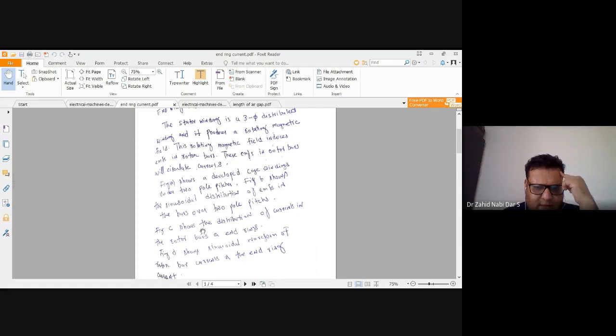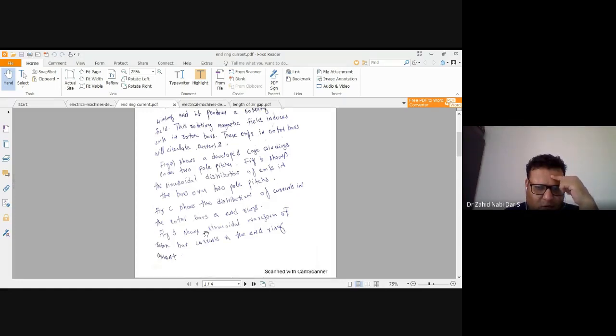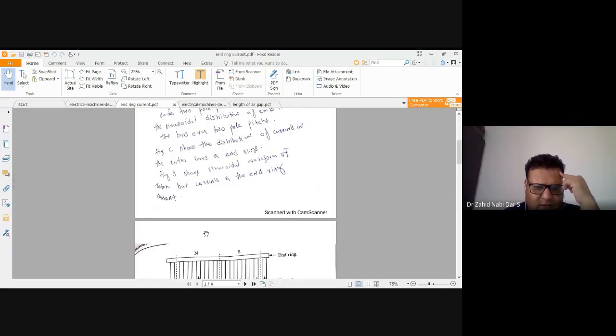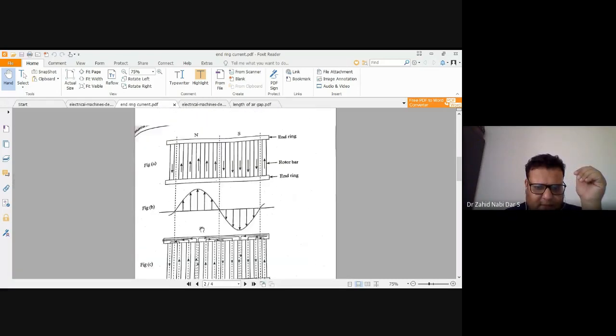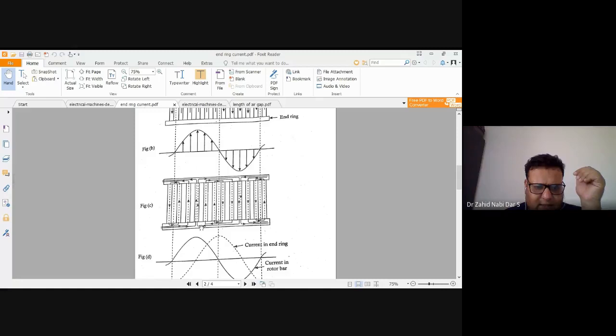Now, figure C shows the distribution of the current in the rotor bars and end rings. So now how does the distribution of the current happen? See, this is an AC induction motor. So in an AC machine, there is one path of go and another path of return. You can see here, this is the go path and another return path.